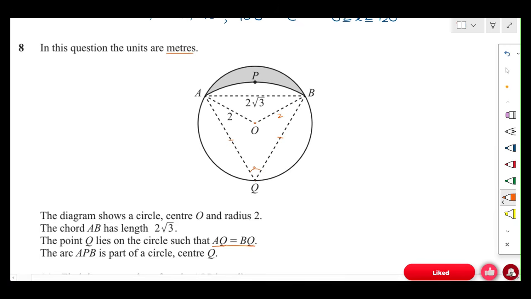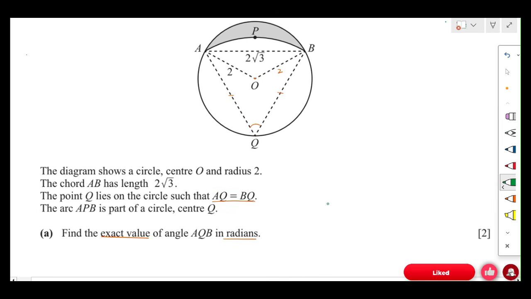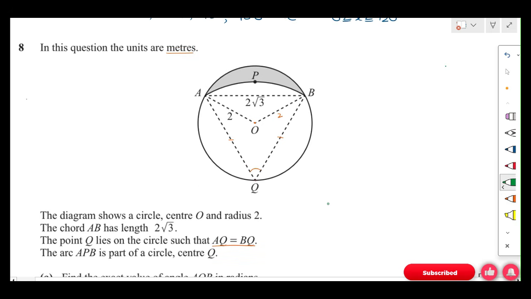In order to figure out the exact value of the angle AQB in radians: this Q lies on the same circle with center O, because they said the point Q lies on the circle such that AQ equals BQ, and the arc APB is of another circle with center Q, but this Q also lies on this circle.